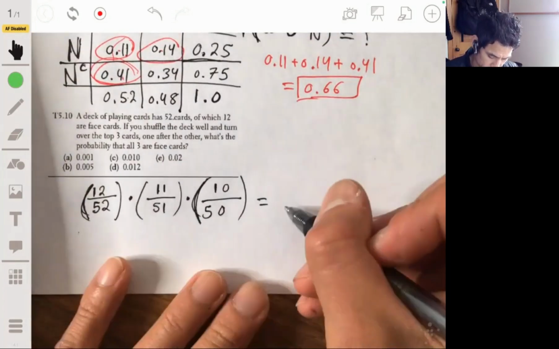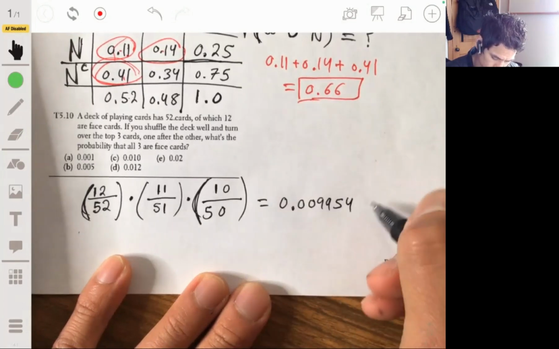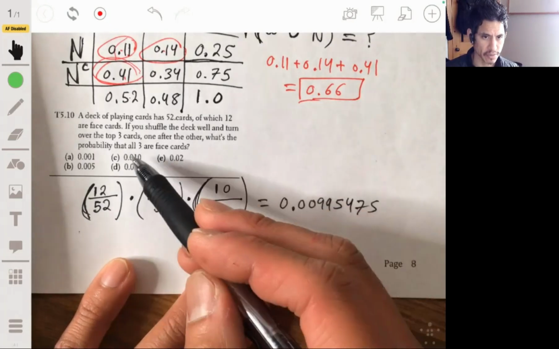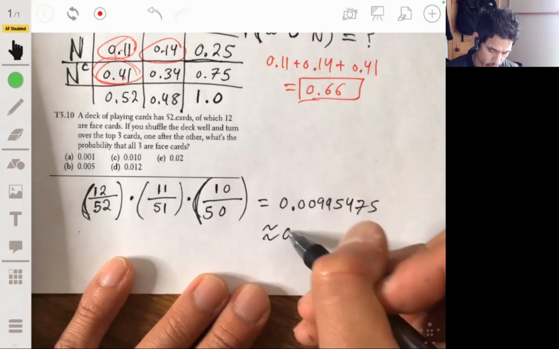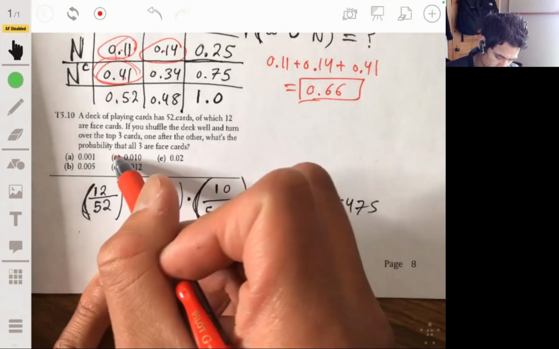It's interesting. So this is basically really close to 0.01. That makes sense. And so the answer is C.